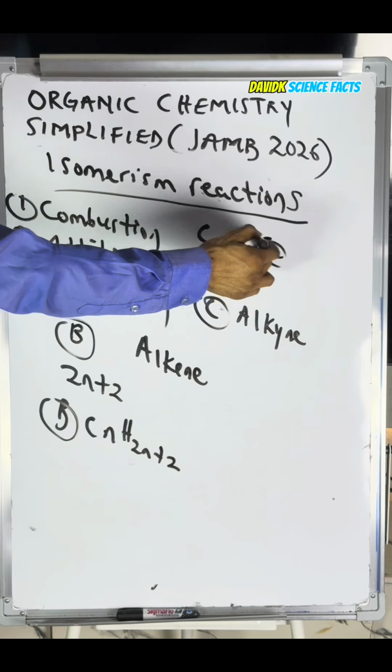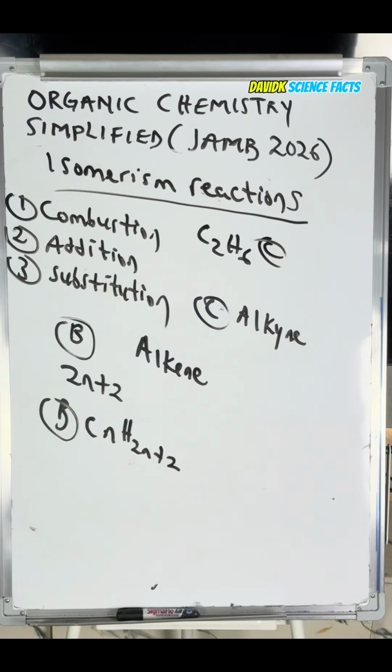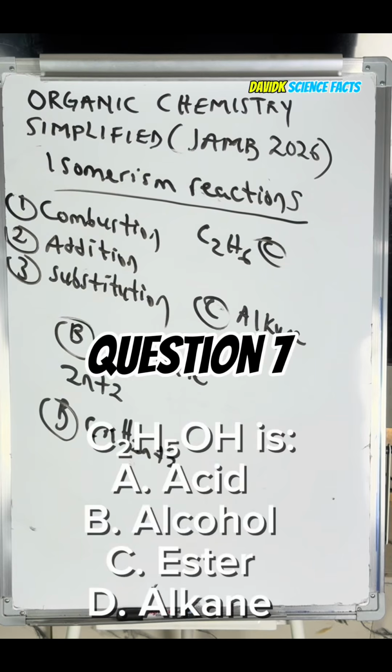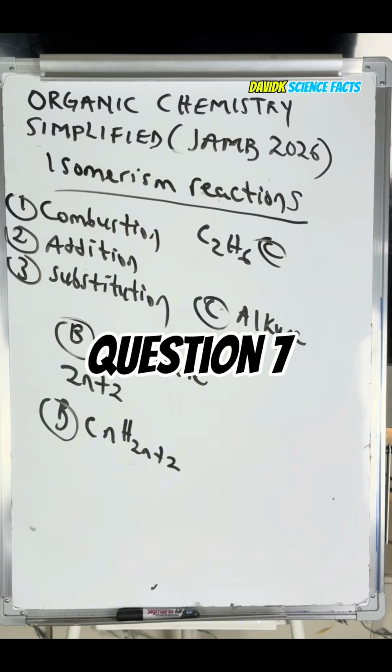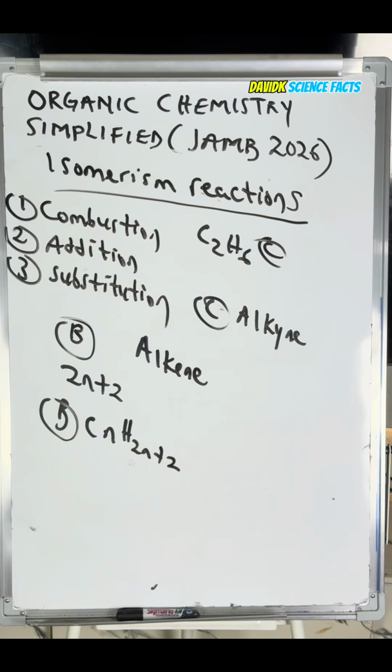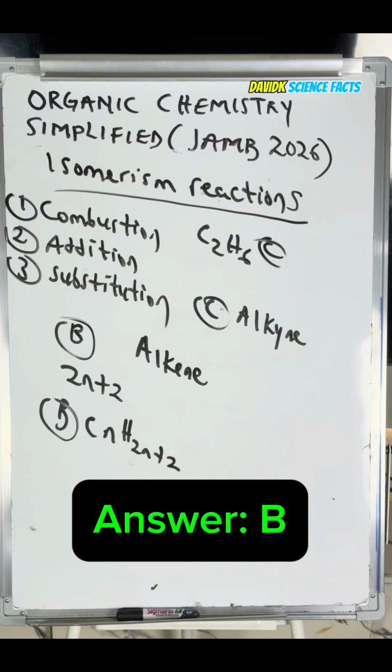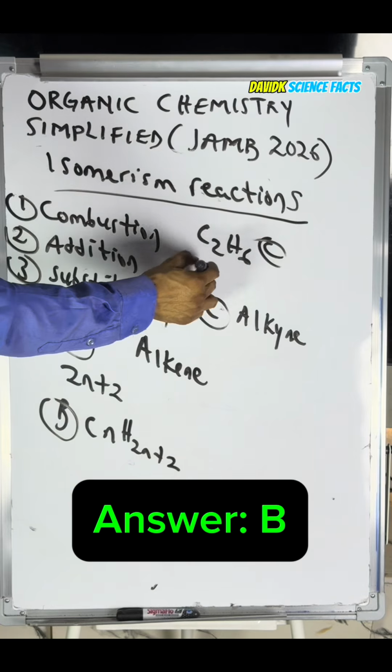That is option C. Reason: it has only single bonds. Question 7. C2H5OH is option A acid, option B alcohol, option C ester, option D alkane. The correct option is alcohol. Remember, OH.